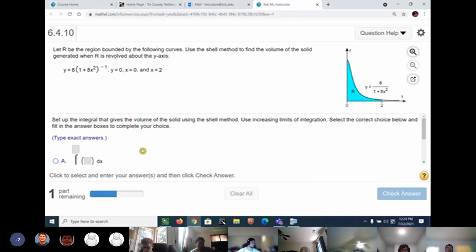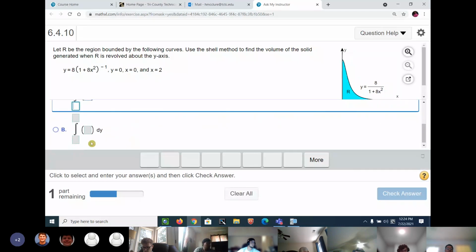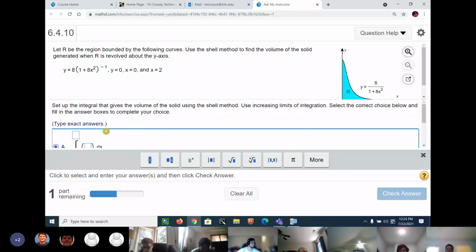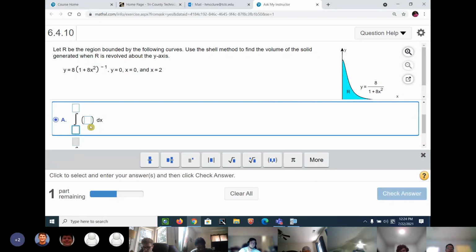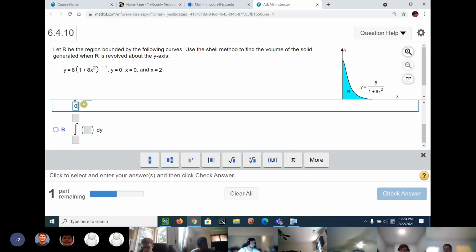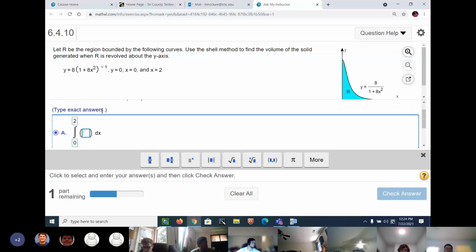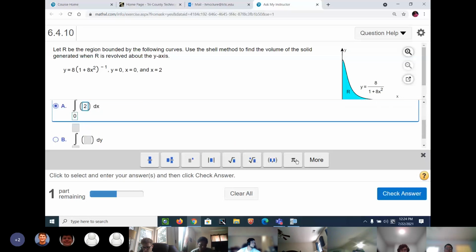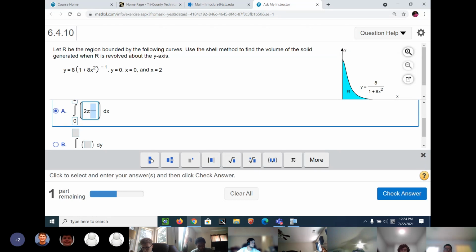So pi, well, let's go 0 to 1 or 0 to 2 of 2 pi times, I'm going to do x over 1 plus 8x shift up squared.